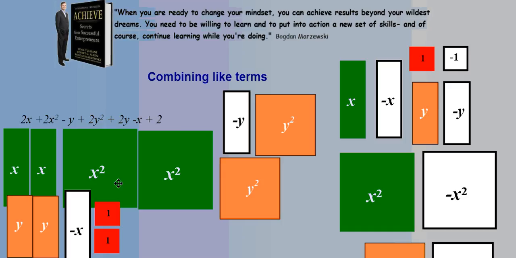Yes, we can agree that the 2x group and 1 negative x group would define one common like terms group. And what is the result of adding one positive and one negative? From the previous video, you recall the zero principle.